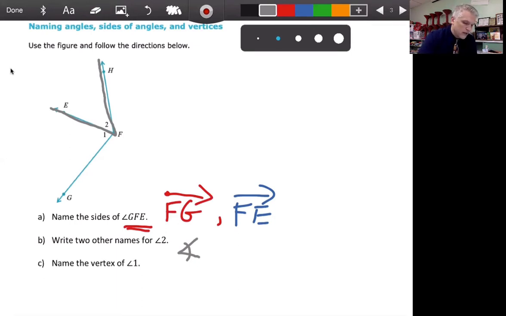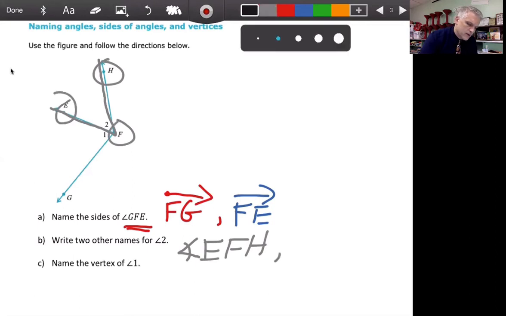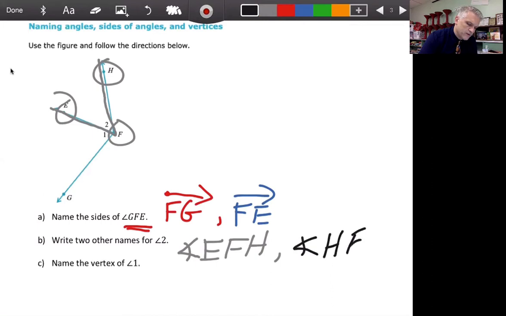Okay, so angle 2, it could be angle E, vertex F, H, or we could do the other order, H, vertex F, E. So the other way that you can name it, angle H, F, E. And now it asks finally for the vertex of angle 1.